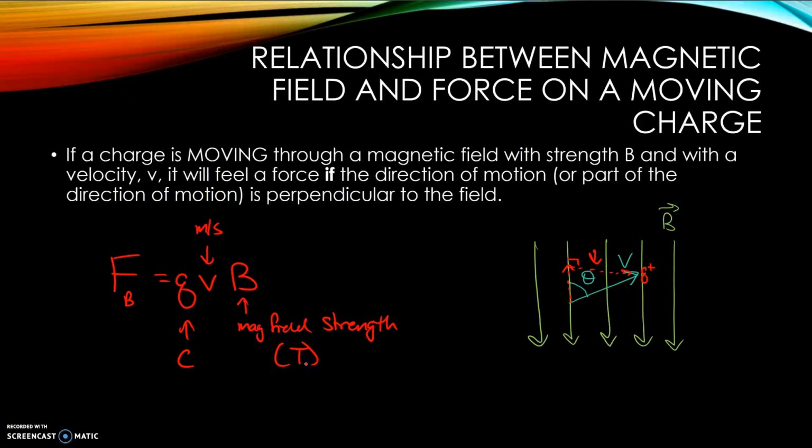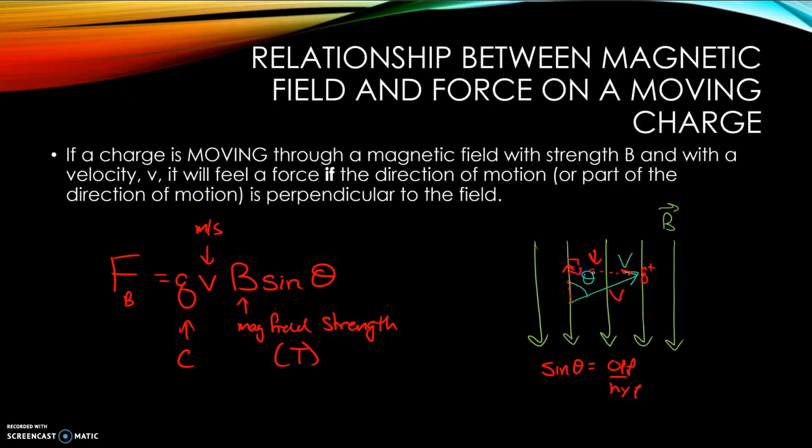Okay. And then to make sure that we only get the part that's perpendicular to the field, we'll take sine theta, this trigonometry sine theta. If you think of this as V, if you guys remember SOHCAHTOA, sine theta is always the side opposite over the hypotenuse.